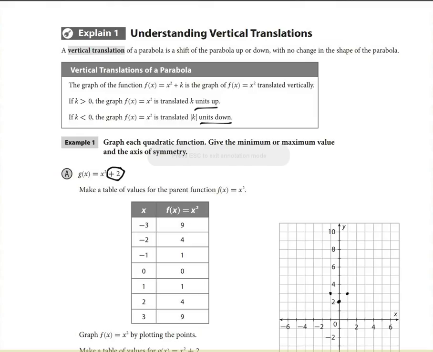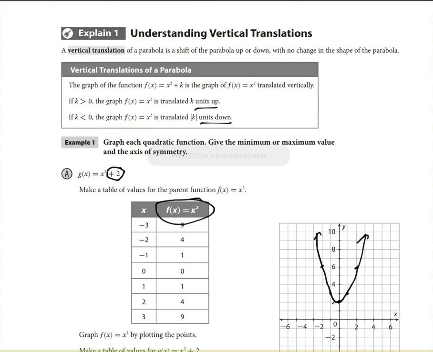It'll then go through the points (1, 3) and (-1, 3), because every point when compared to the parent function gets moved up 2 units. So (2, 6) is another point, and then due to the symmetry, it's also going to go through the point (-2, 6). This is what the graph of x squared plus 2 would look like when compared to f of x equals x squared, the parent function here.